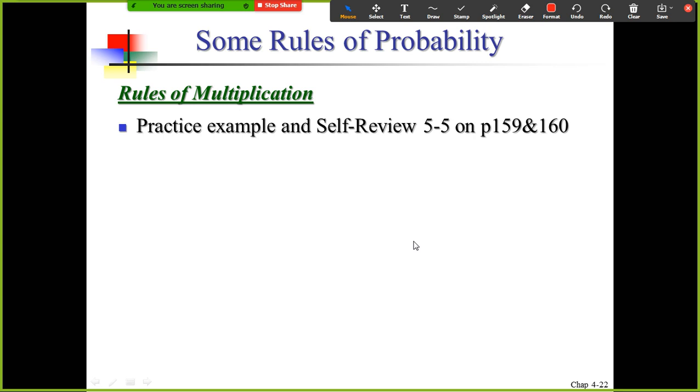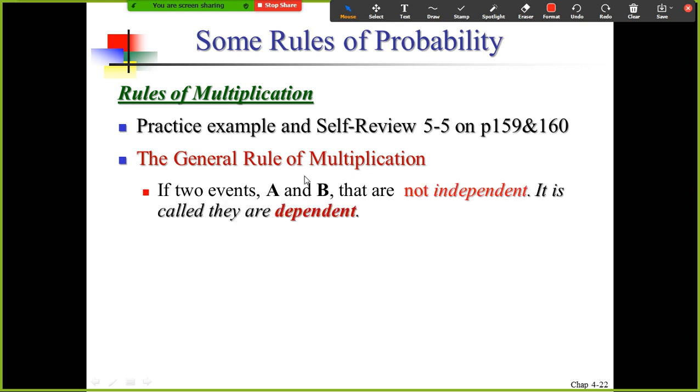That's why you can find the special rule of multiplication: probability of A and B equals probability A multiplied by probability B. In case you have three or more events, it is the probability of the first one multiplied by the probability of the second event, multiplied by the probability of the third one, and so on up to the last one.